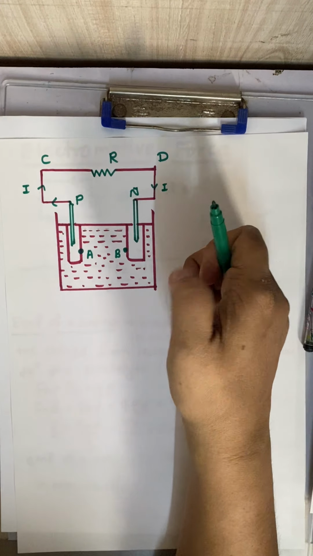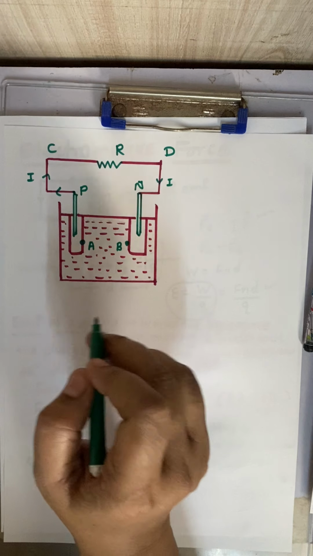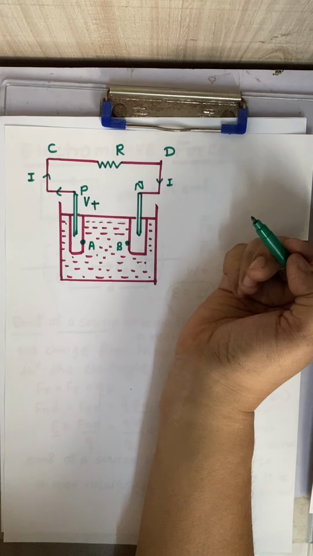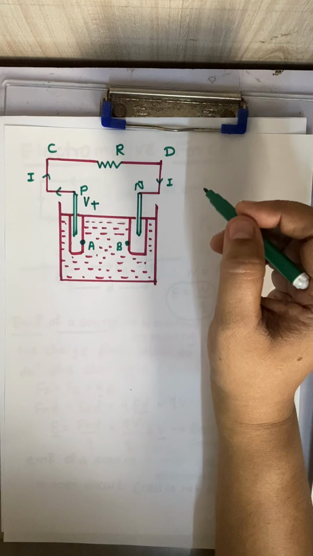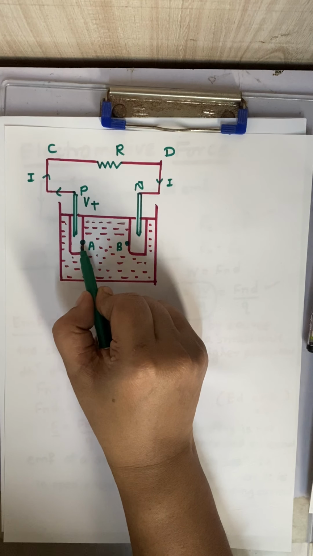Therefore the positive electrode, P, develops a positive potential. So I will write this as a positive potential: electrode P is at a positive potential with respect to the electrolyte point A. A is a point in the electrolyte.